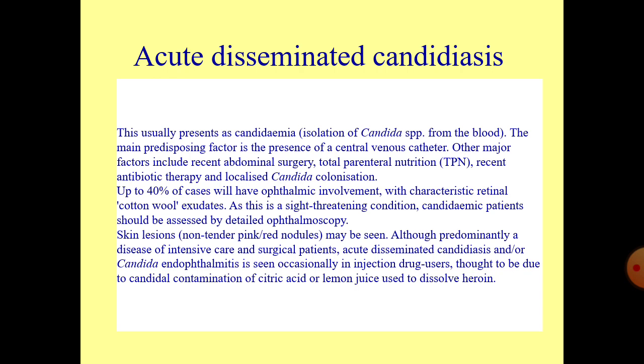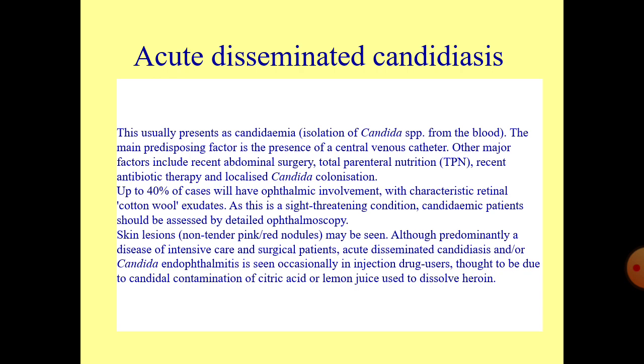They found that 40% of these cases have ophthalmic involvement with characteristic retinal involvement in the form of white cotton wool exudates, which is actually life-threatening for the vision and may lead to blindness in these patients. Again, there is skin involvement in the form of macropapular nodules.